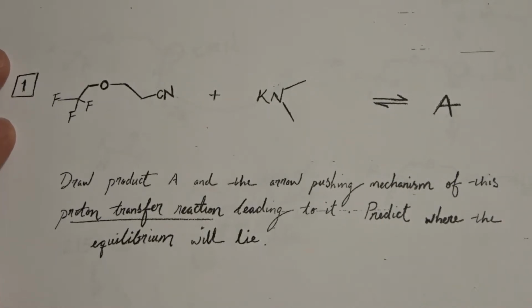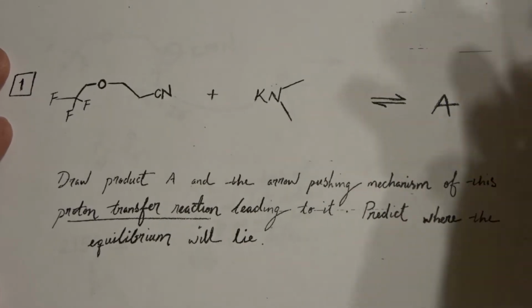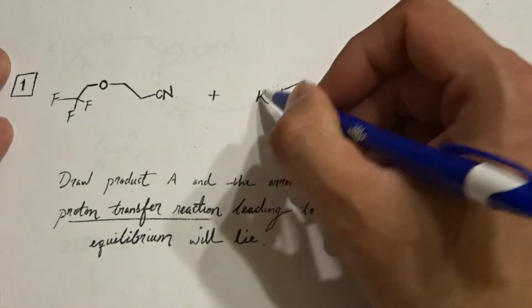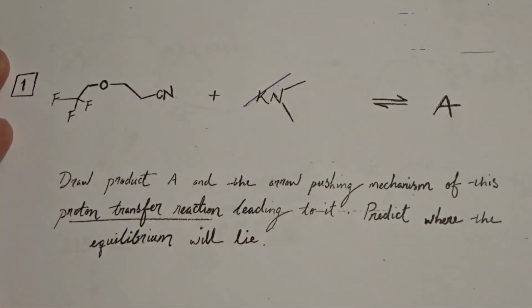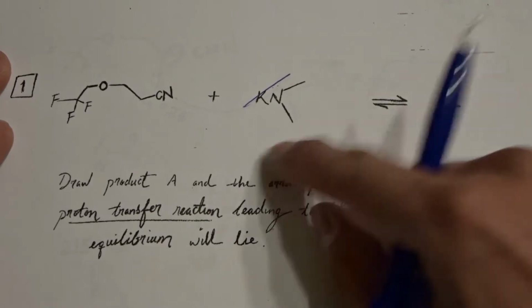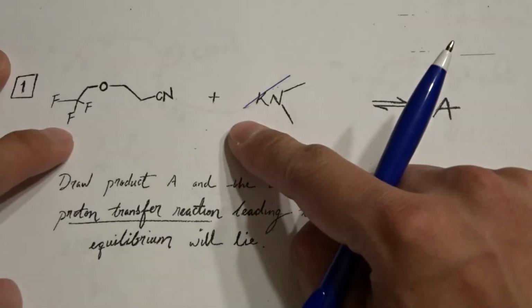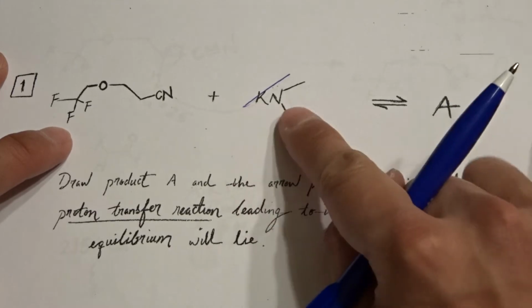I told you guys it's a proton transfer reaction. So first, which one is your base? Most likely this nitrogen, because K is potassium. It is a metal, so we don't care about it. It's a spectator ion. It'll appear in this reactant side, and it'll appear again in this product side.